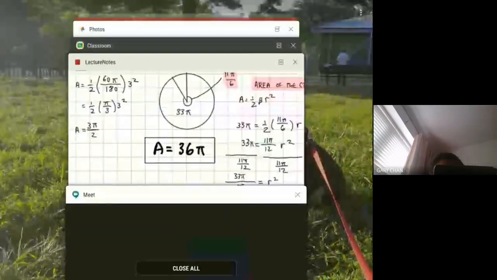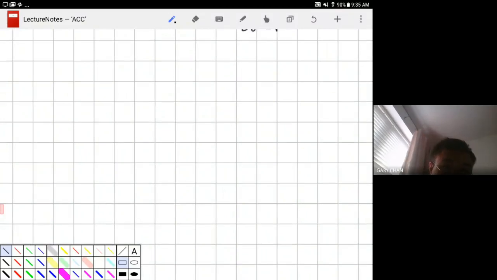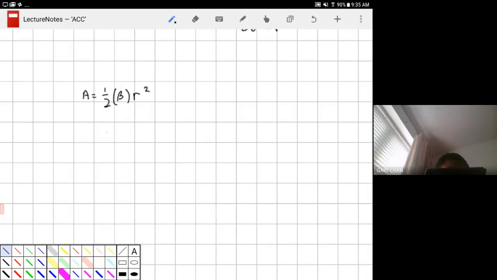I'm going to switch over to my tablet. The formula, one more time, goes like this: area is equal to 1/2 beta times r squared, and we're trying to find the area of the sector here.